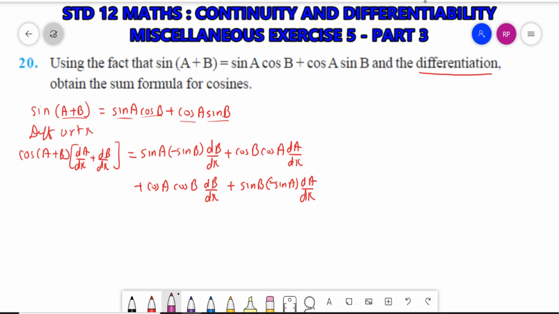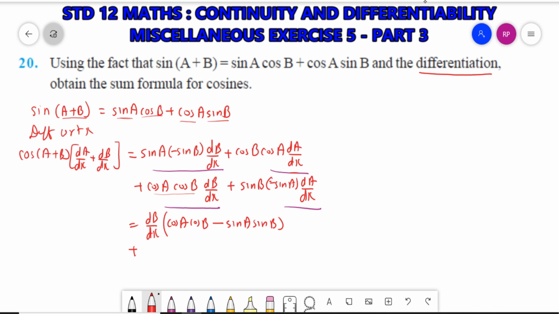Okay, so from now, in both of these dB by dx is common, and in both of these dA by dx is common. So what I will do, dB by dx. Okay, I'm writing this first, cos A cos B minus sin A sin B plus, now I will take dA by dx common.